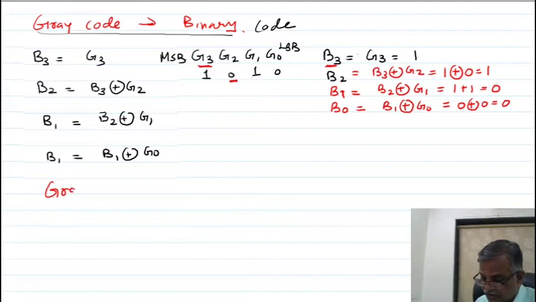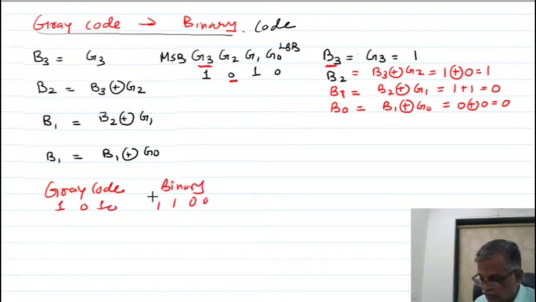Now let us verify. This is your gray code, 1010. The corresponding binary number is 1100. Now from binary you write gray code.